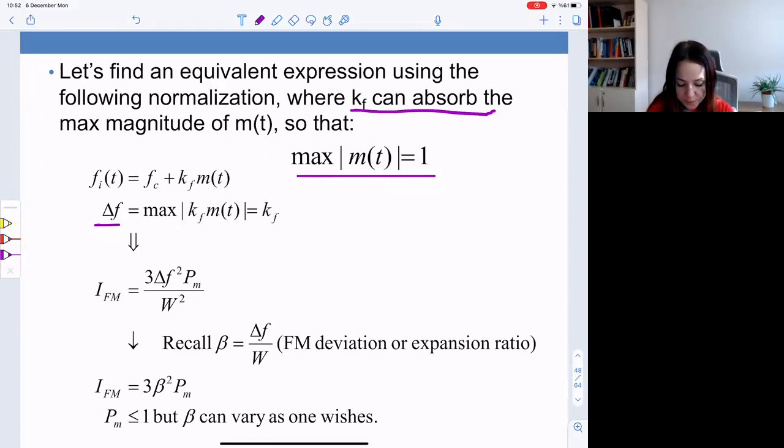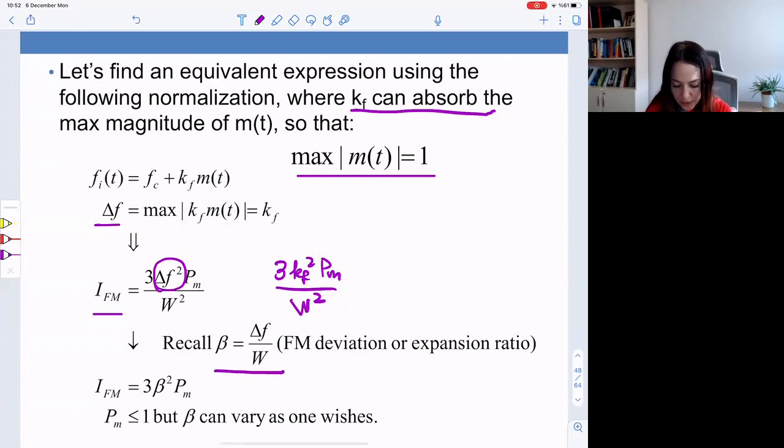So the figure of merit, remember, is 3 kf squared PM over W squared, but kf is equal to delta F, so we can represent it in terms of beta as 3 beta squared PM.